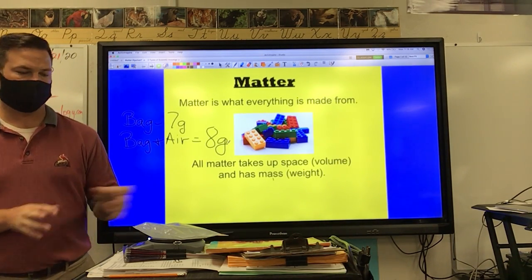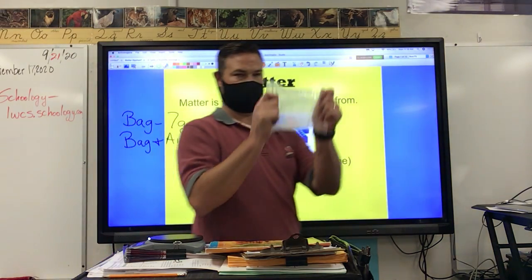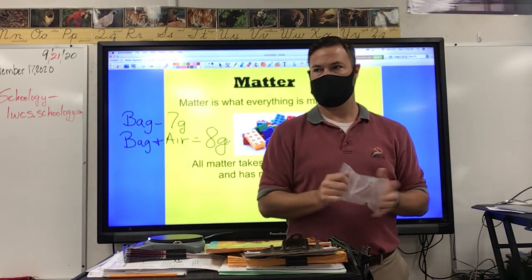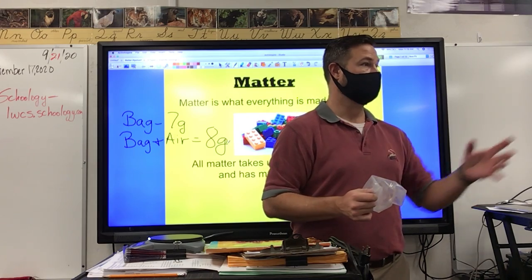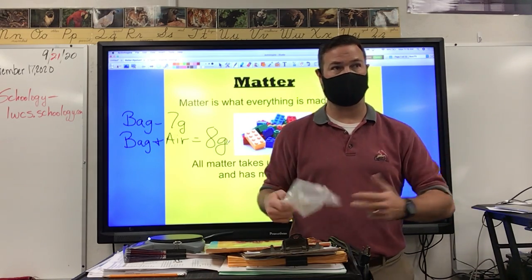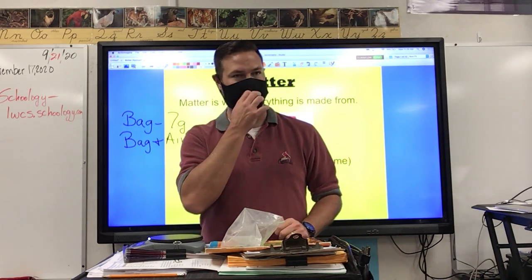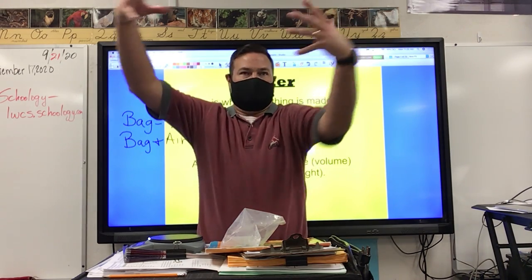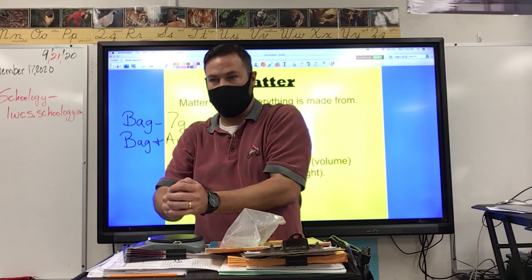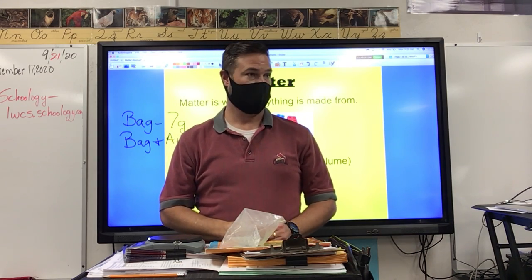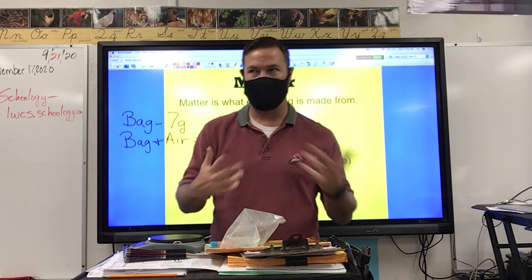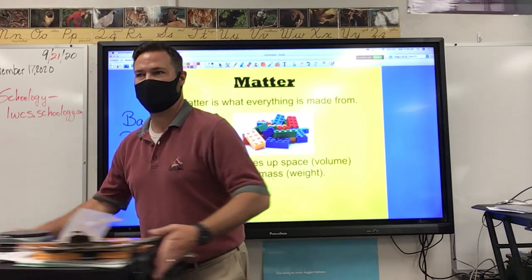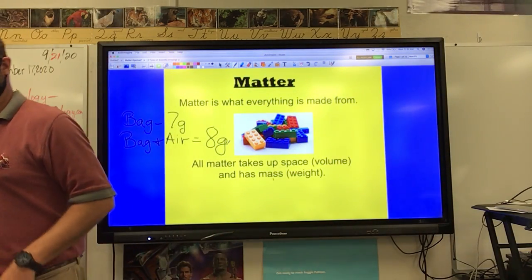So what does that tell you about this air? It's made of matter. It took up space and it weighs something. Just because you can't see it because it's so small doesn't mean it's not there. If I were to take all the air in this room and put it all in one balloon and weigh it, it would weigh something. Air weighs something. Matter takes up space and it weighs something.